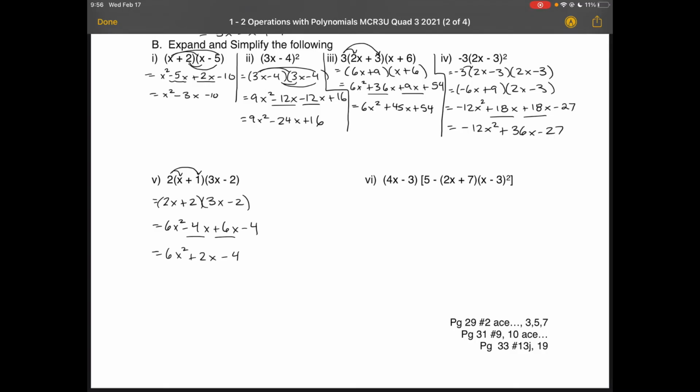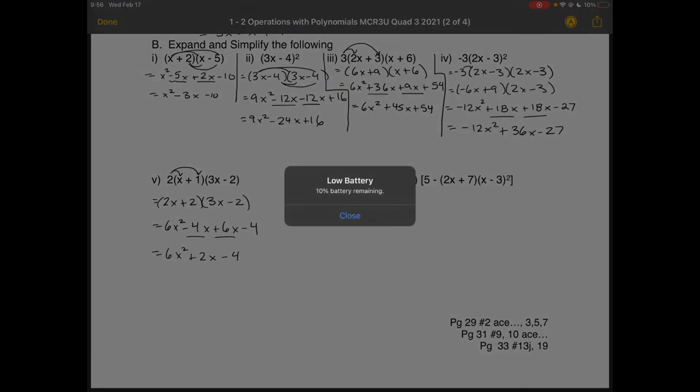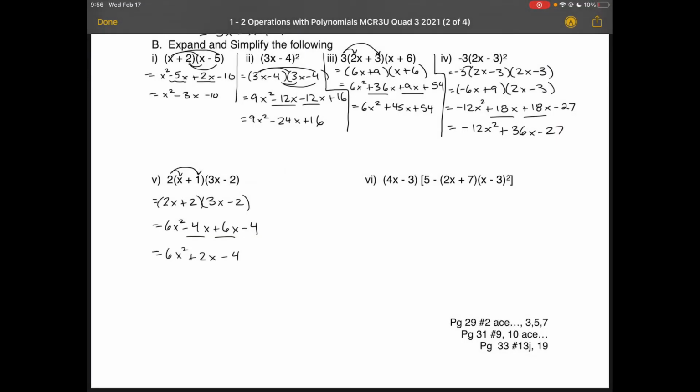Our last one is the most complicated. It has the most pieces, but let's go ahead and see what we can do. So 4x minus 3, I'm going to leave that alone for right now, and I'm going to work on simplifying what's inside the square bracket. First thing that I need to do is recognize that I have a squared, an exponent.